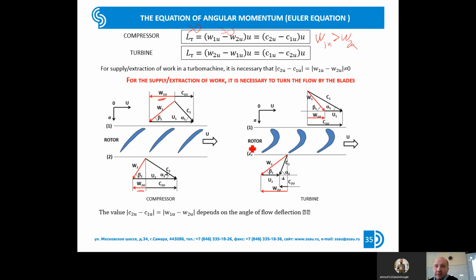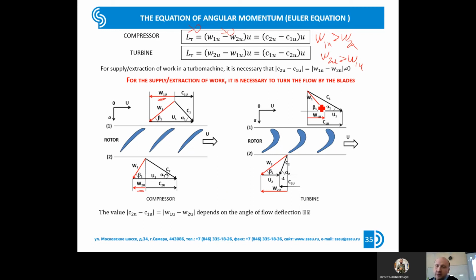And if we look at the turbine, we need to provide another relationship, W2U more than W1U. In this case, you will extract energy from the flow.